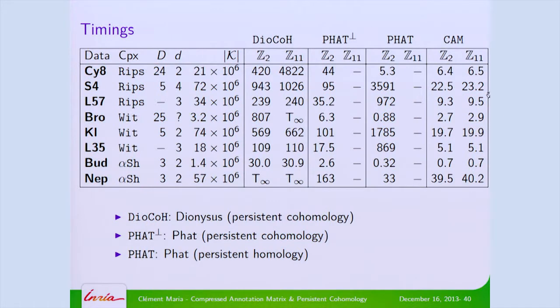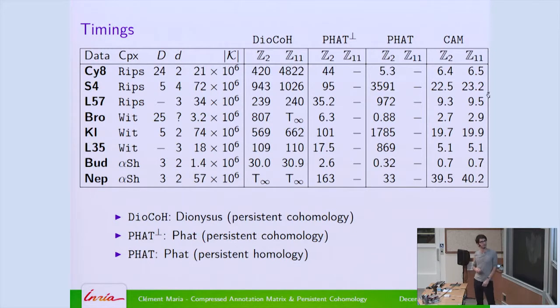Okay, so here they are. We have compared our algorithm with state-of-the-art implementations of persistent homology and persistent cohomology, which are dual. In our case, it's persistent cohomology. This implementation is the library Dionysus, computing persistent cohomology. And these 2 implementations are fast, using matrix reduction on a cohomology matrix for the other one and on the homology matrix.